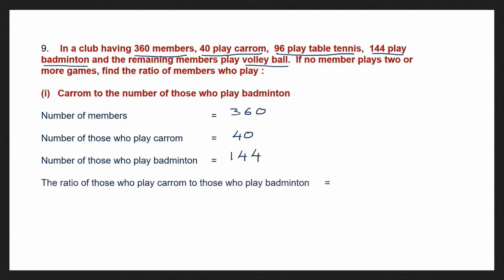Now, the ratio of those who play carom to those who play badminton is, now carom is 40, badminton is 144. This is the ratio which we need to simplify. So let's first start by writing it as a fraction and then let's divide it by a common factor. Let's use 4. Let's divide it by 4.